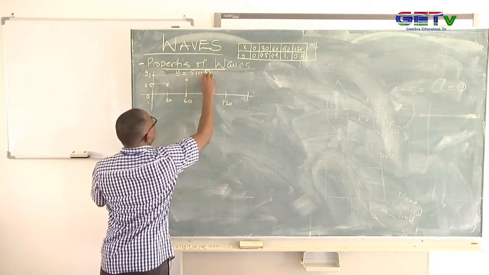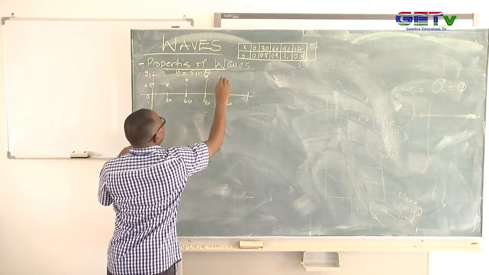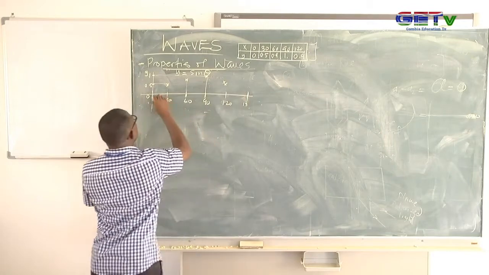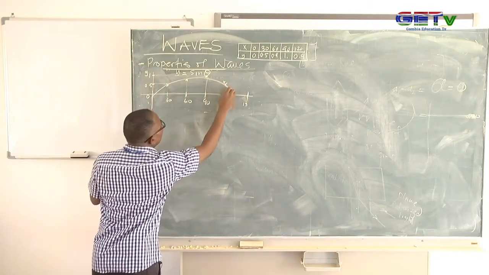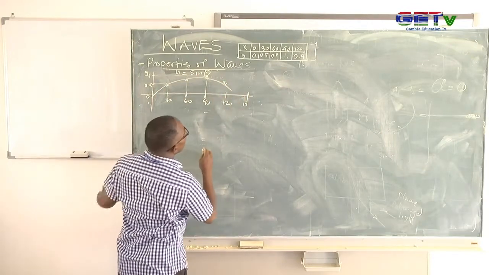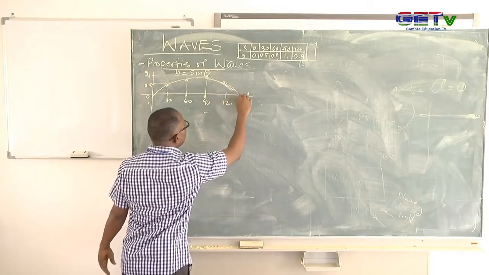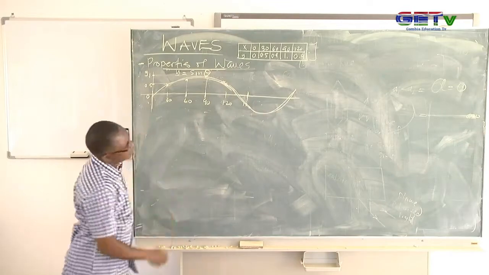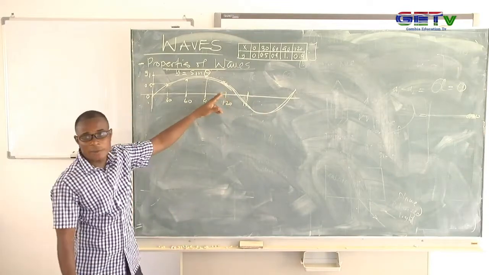Then 120 goes back down, then 150, and so on. When you plot this, you're going to have a shape. If you do it properly, it passes through the points and forms a graph like this. It's going to look like a wave.